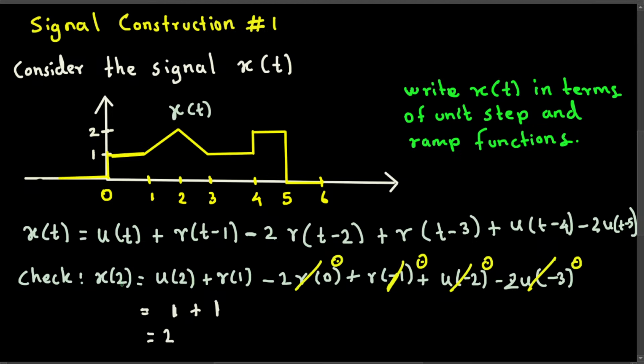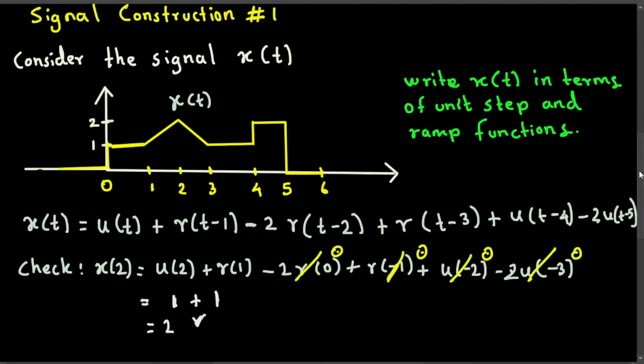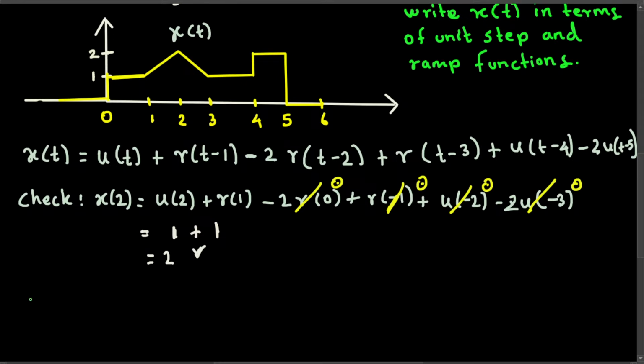At x is 2, what's the y value? Here you can see this is 2. Okay, so we can say this is right, and we can try one more thing. We can plug in x of 5 and see what we are getting.